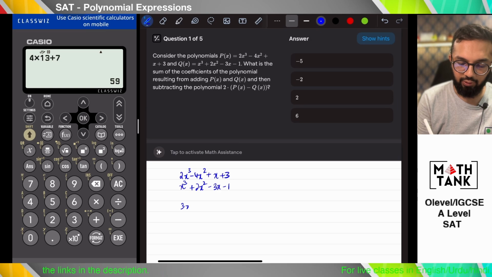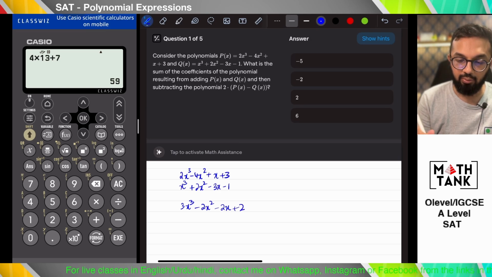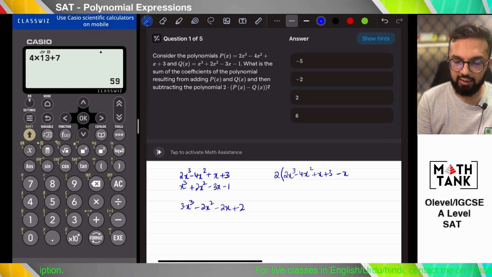So I get 3x cubed minus 2x squared minus 2x plus 2. And then subtracting the polynomial 2 times P(x) minus Q(x). So P(x) minus Q(x), let's write that first. Minus x cubed minus 2x squared plus 3x plus 1.